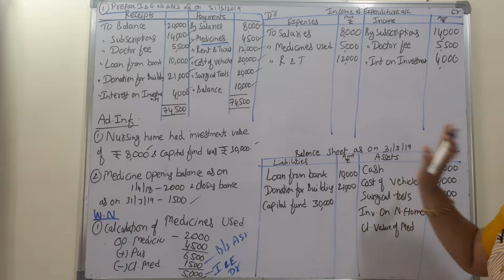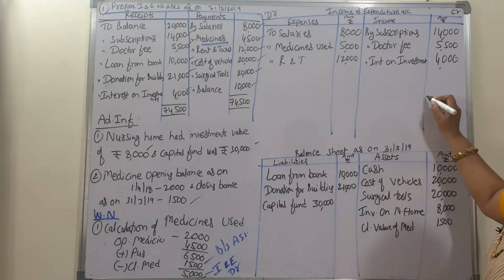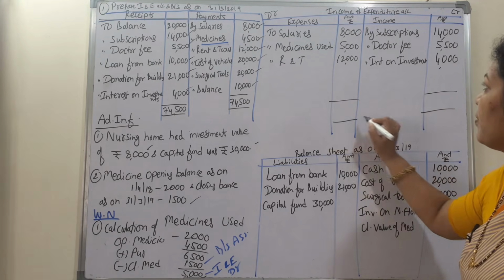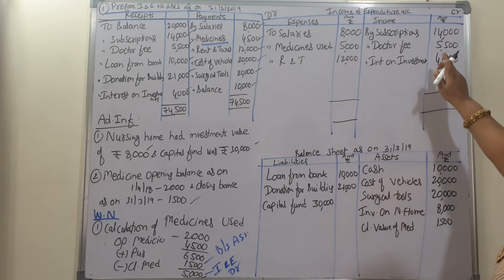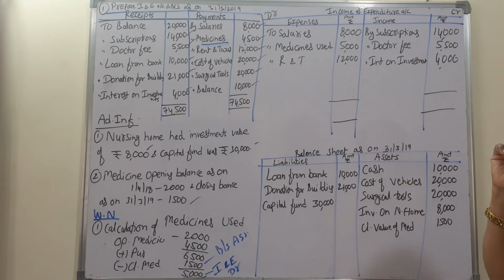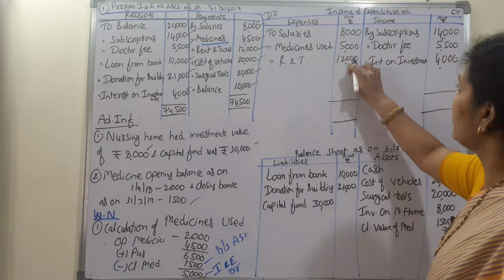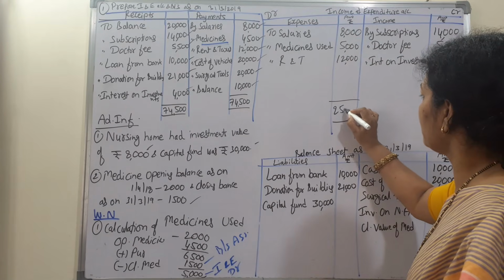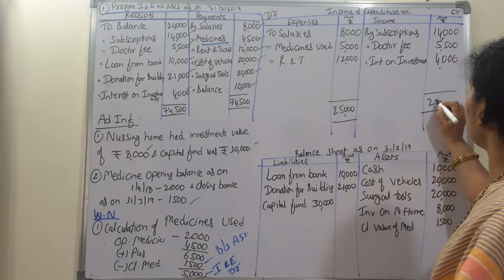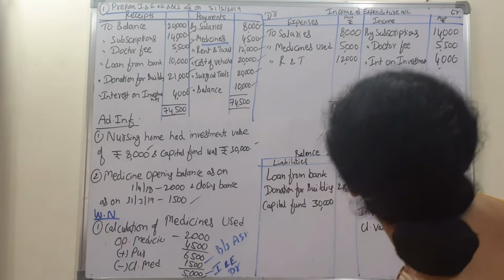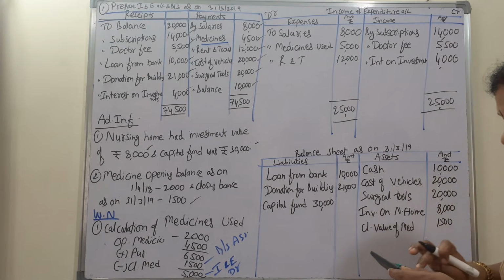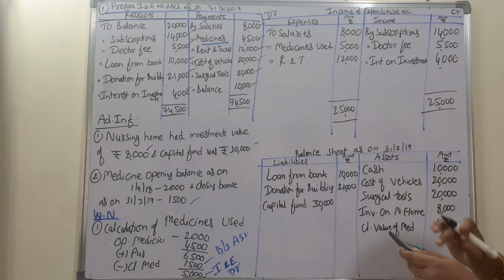Posted everything. Now first we'll close this income and expenditure account. Approximately, if you see, this is 25,000 and this is less. Yes, so 25,000 minus 18,000 minus 5,500.